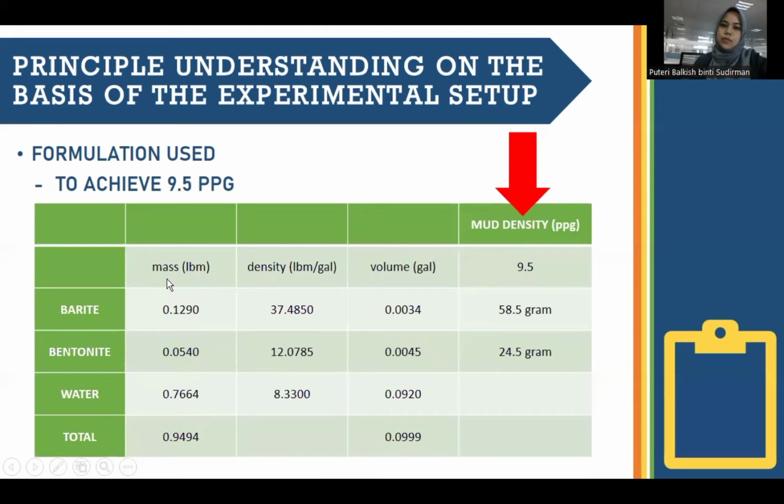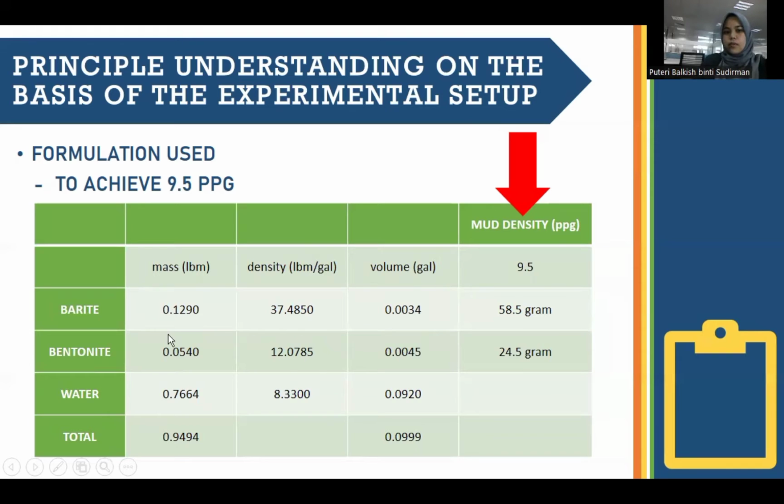Next, for 9.5 ppg, again the density will be constant, but for the mass, barite will be 0.129 lbm, bentonite will be 0.054 lbm, water will be 0.7664 lbm. Here the total mass will be 0.9494 lbm.